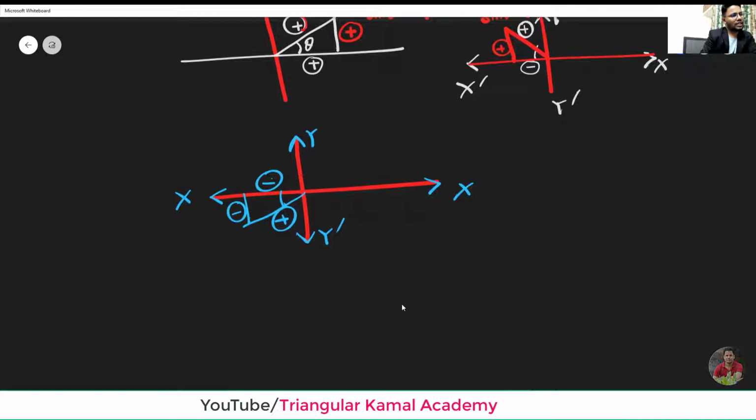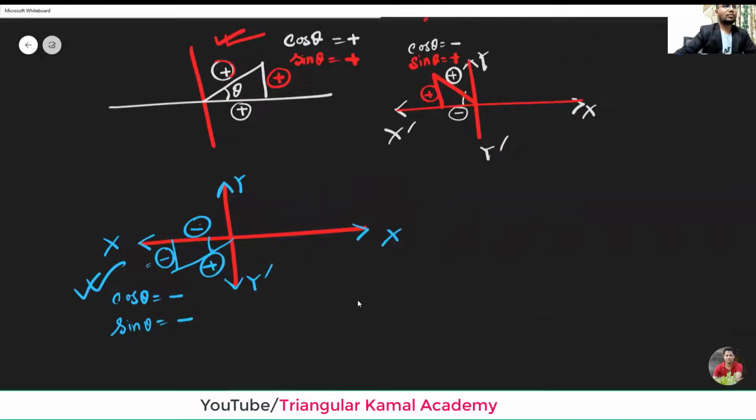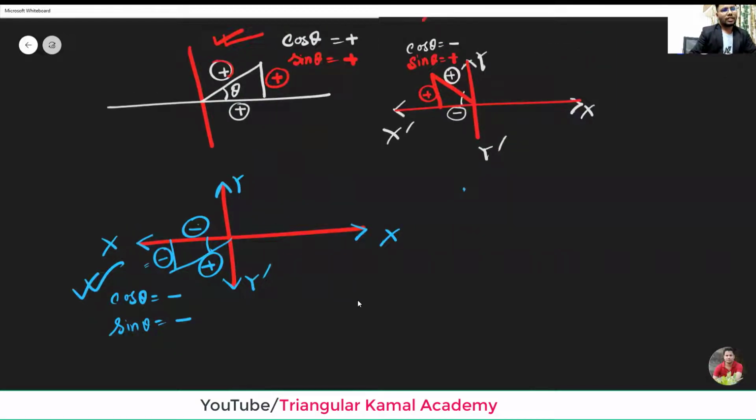One is minus, another is plus. So that's why cos theta in the third quadrant is minus. Sine theta is also opposite by hypotenuse, and sine theta is also minus. So here in the third quadrant, cos and sine both are negative values. So they have the same sign. That means according to the question, they have the same sign in the third quadrant. So this is acceptable.